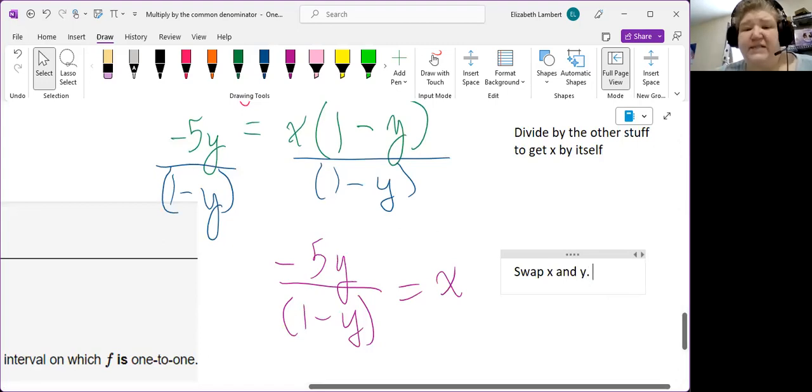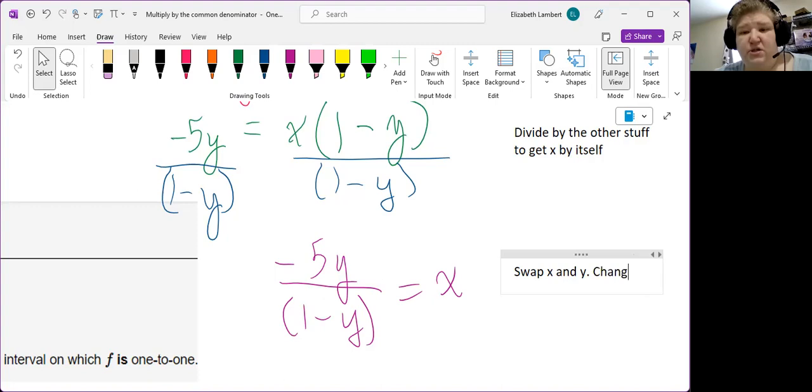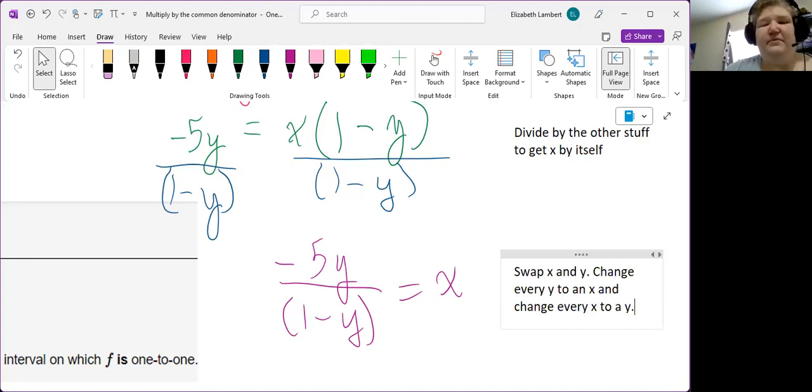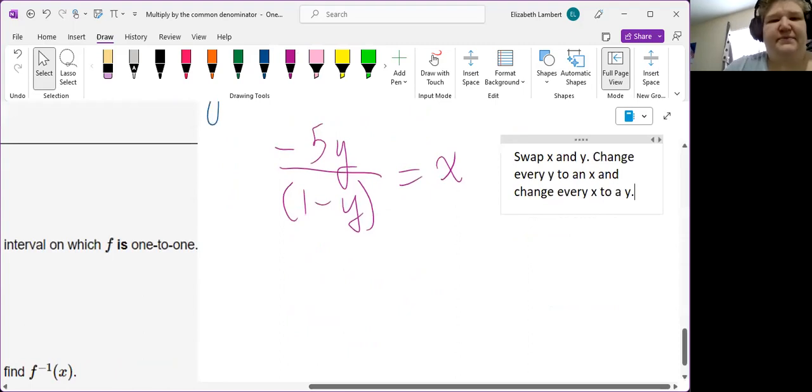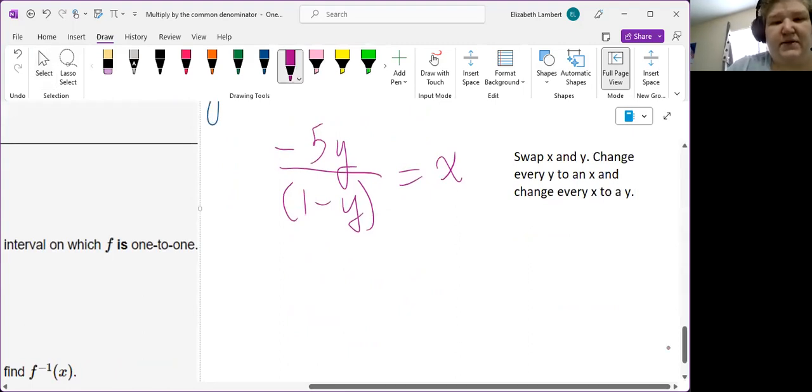So when we say swap x and y, what this really means is change every y to an x and change every x to a y. So let me just use a little highlighting here. So there's a y and there's a y.